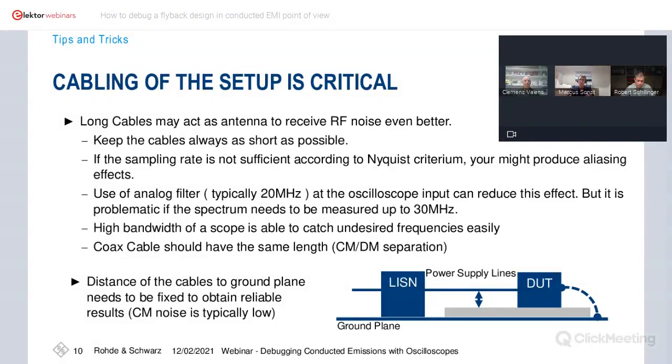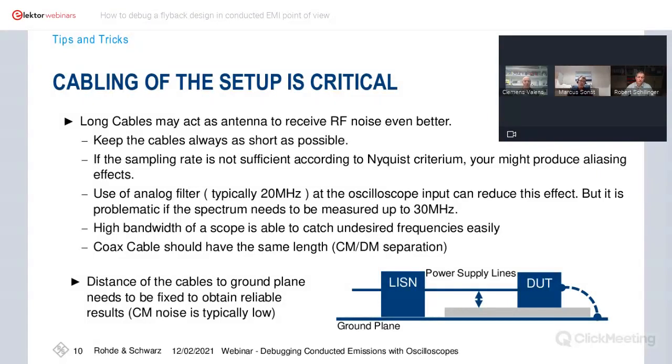So keep an eye on the sampling rate, that it is sufficient and high enough. One idea to overcome this problem is to use an analog filter. There is typically a 20 megahertz filter at the oscilloscope input, and of course this can reduce this effect. But the problem is, of course, if you want to measure up to 30 megahertz according to the standard, it doesn't work for sure.